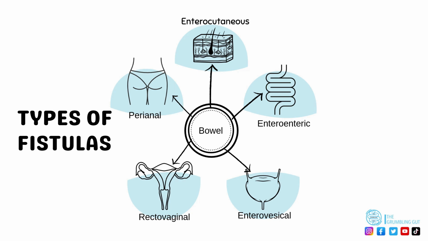An enteroenteric, which is a bowel-to-bowel fistula. And you can have a rectovaginal fistula, which is the bowel-to-vagina connection. There are many ways in which fistulas can be treated, using antibiotics, immunosuppressants, and biologics. In most cases, people will require a surgical procedure for them.